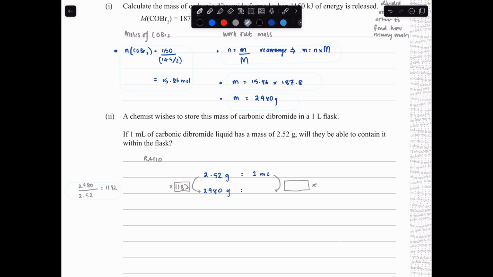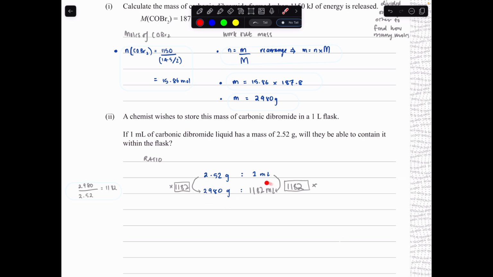So 1 ml times 1182 gives me 1182 mls. So 2.52 grams is equivalent to 1 ml, and based on my ratio, 2,980 grams is equivalent to 1,182 mls.